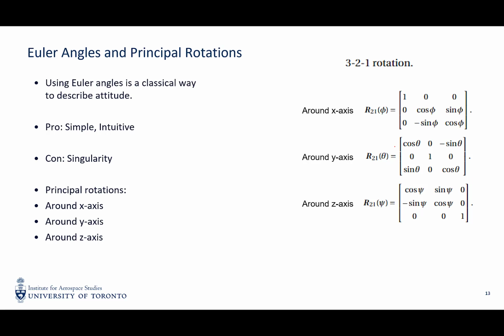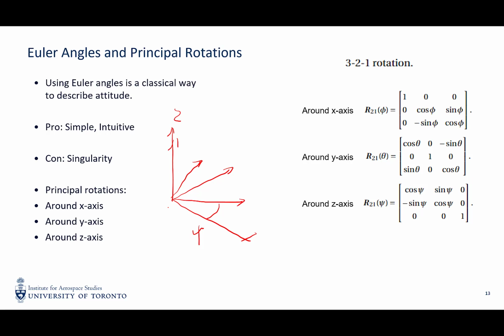Basically, we have rotation angles around some principal axes. For example, if we rotate around the z-axis, it's called psi, like a yaw angle. If we rotate around the x-axis, it's called roll, and for the y-axis, it's called pitch.